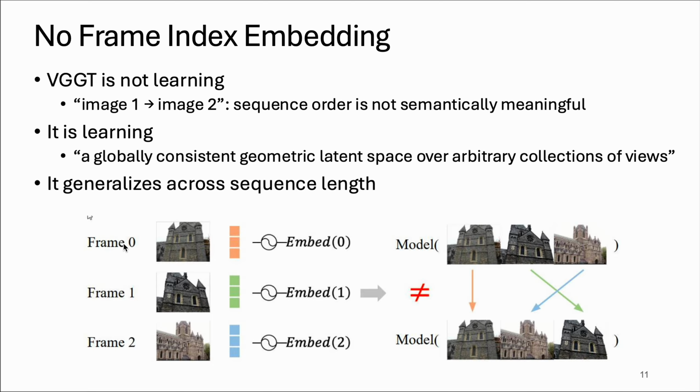It's not like this image is in front of that image. So it's trying to learn a globally consistent geometric latent space over an arbitrary collection of views.